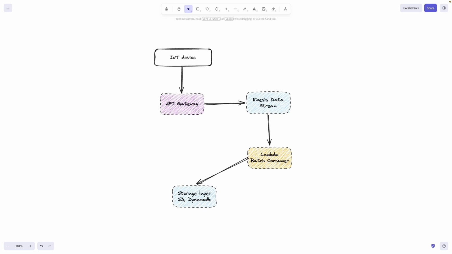On layer 3, we have the Lambda batch consumer. The Lambda function reads from Kinesis in batches. We control how aggressively it consumes via 2 knobs: batch size, how many records per invocation, up to 10,000, and parallelization factor, how many concurrent Lambda invocations per shard, between 1 and 10.